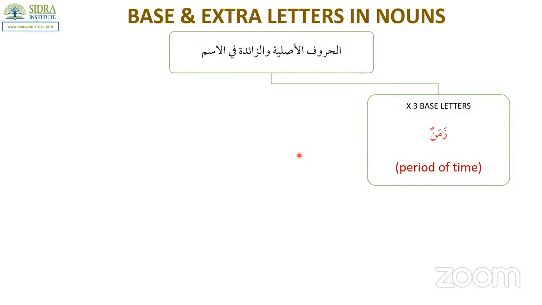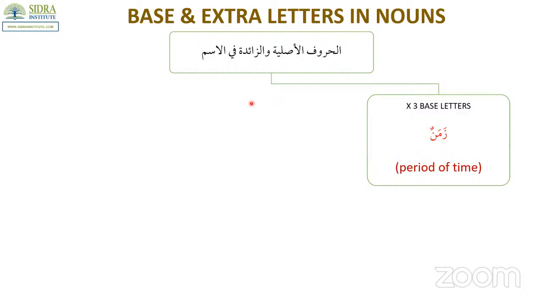So we have the word zamanun. All three letters are considered to be base letters. So when we're searching for this word in the dictionary, we will look in section za and then followed by meme and then nun. And then we'll come across this word and it means period of time.